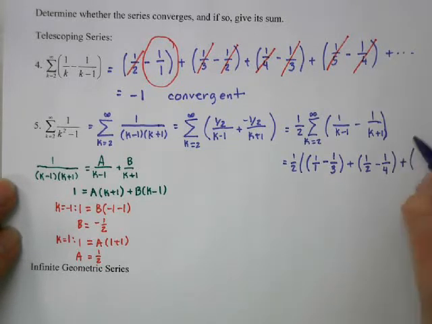Plug in 2, 3, 4. 1 over 3 minus 1 over 5. Go ahead and do one more here. 2, 3, 4. Now we're plugging in 5. So 1 over 4 minus 1 over 6. And so on. Dot, dot, dot.